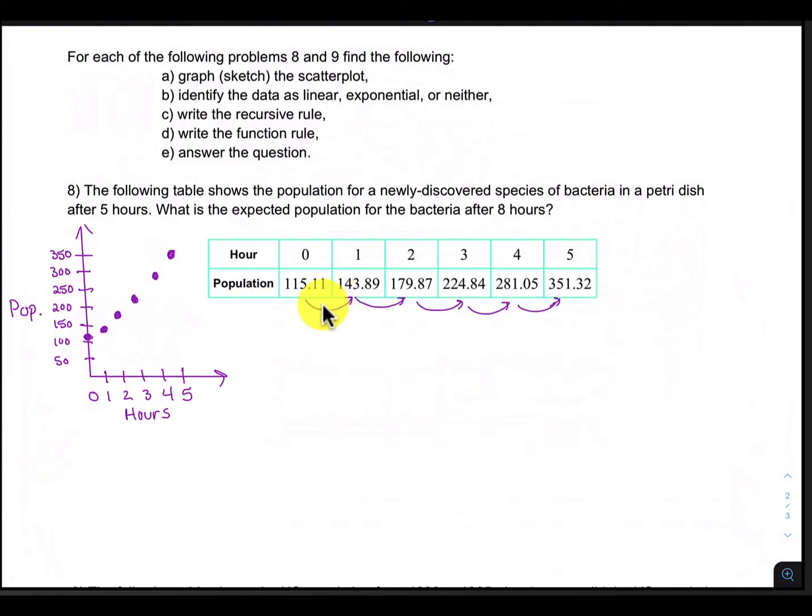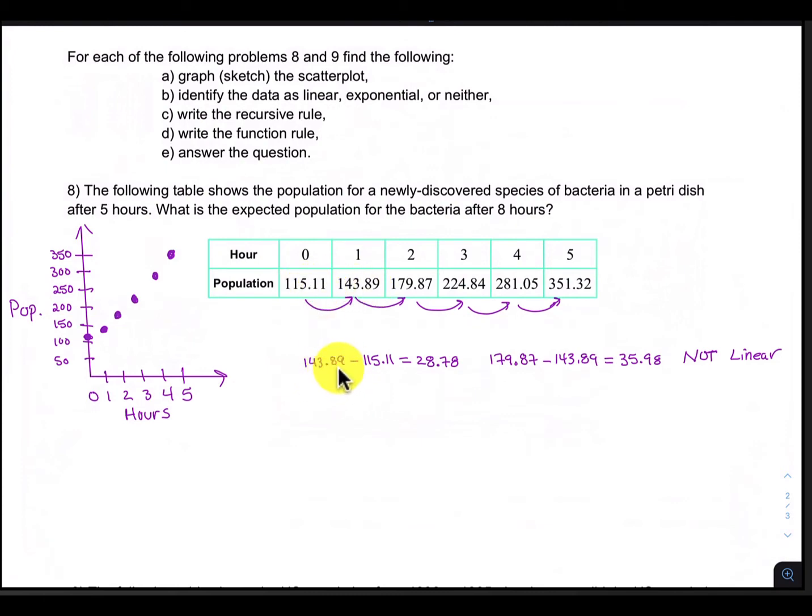Next, we want to figure out what's happening in between each number. Are we adding the same amount, or are we multiplying the same amount, or neither? First, let's explore adding the same amount. So we're going to see if there's a common difference. So take the second number and subtract the first number from it.